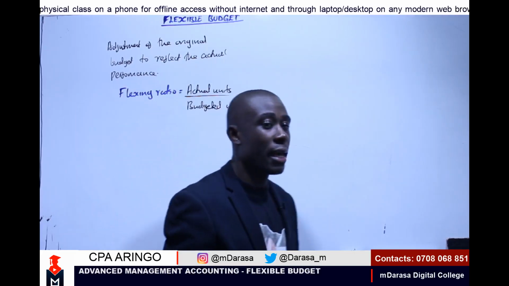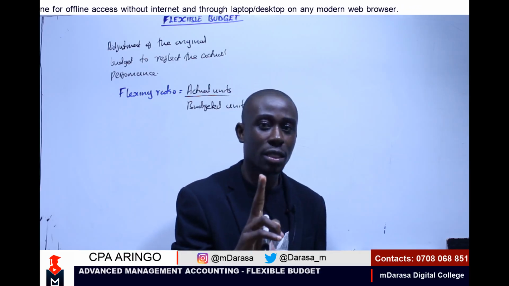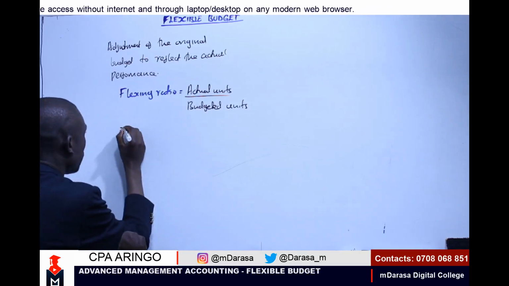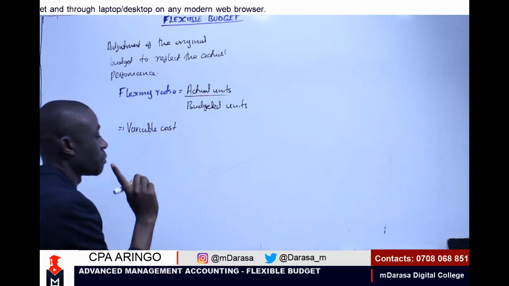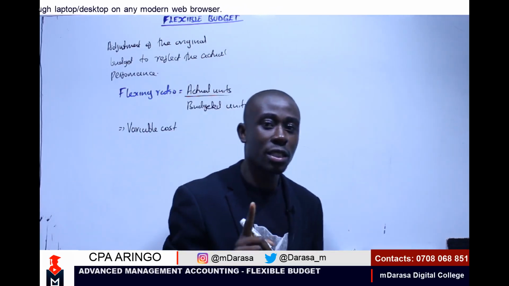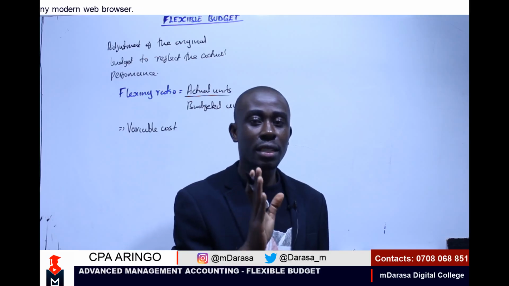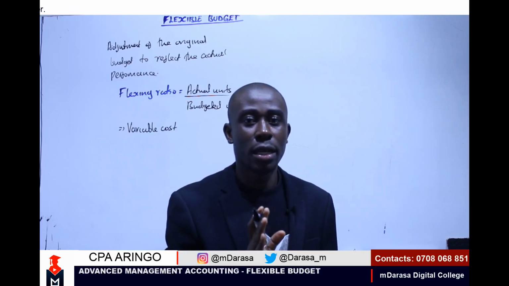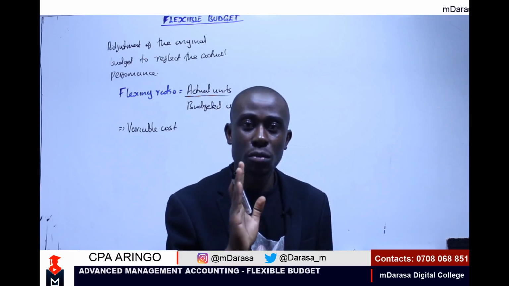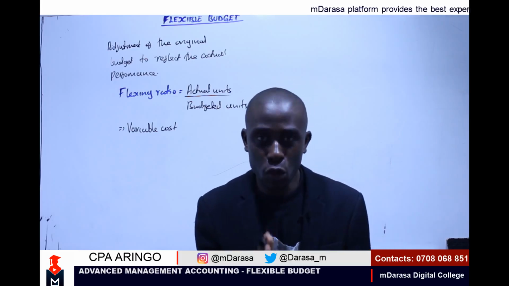What is the key element that we will be adjusting? In this case, we will be adjusting two components, and that is all variable costs. Remember, the variable cost that you are adjusting here should be a variable cost that is affected by the level of production, which in this case means the number of units.